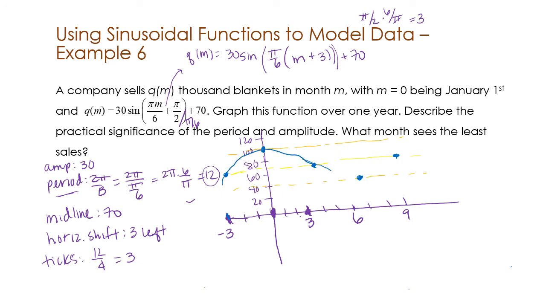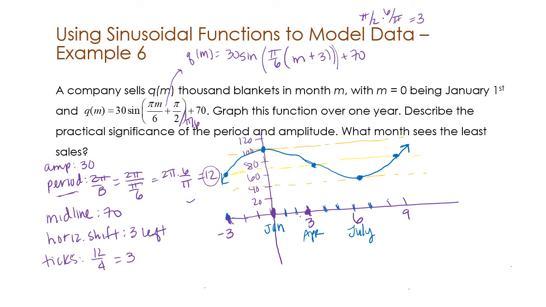So let's look at this graph and interpret it in the context of this formula or problem. So we know that these are months. So month 0 is January, so that would be February, March, here's April, May, June, here's July, August, September, October, November. Sorry, bear with me guys, I cannot do months.